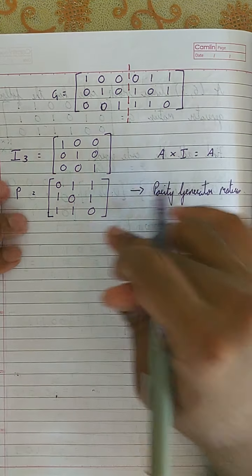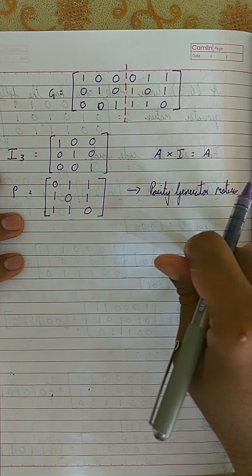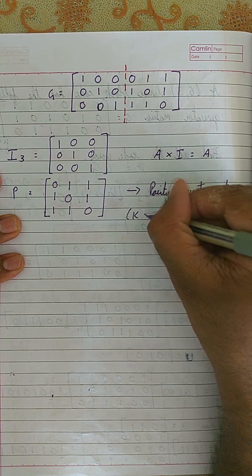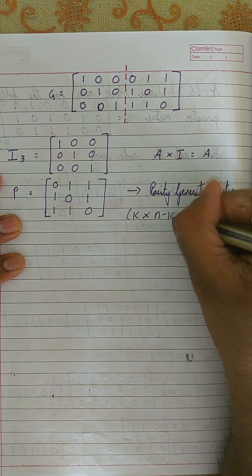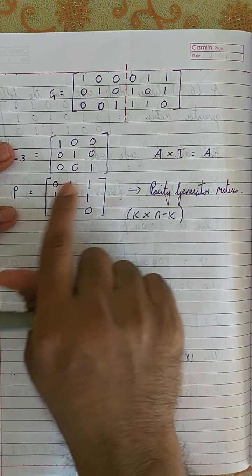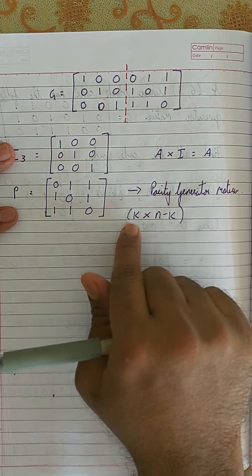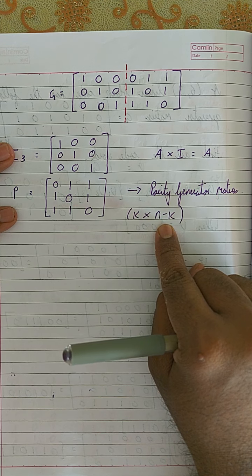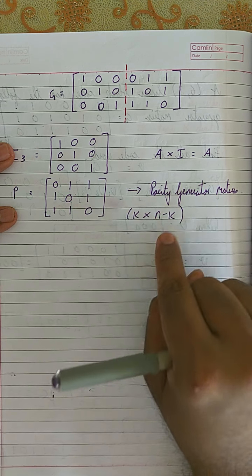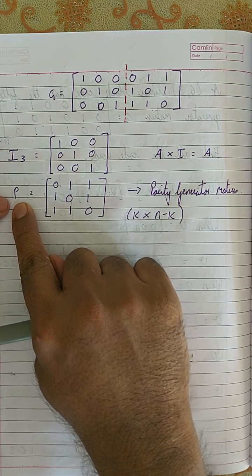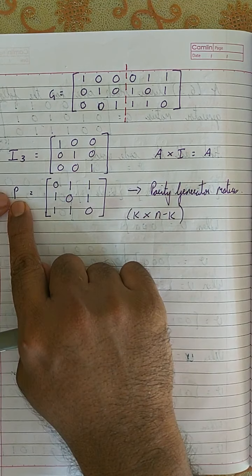So what is a parity generator matrix? A parity generator matrix is a matrix whose dimension is k by n minus k. That means the number of rows will be equal to k and the number of columns will be the difference between the number of output bits and the number of input bits. That is the dimension of the parity generator matrix.